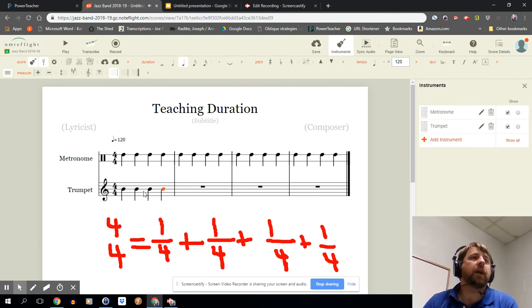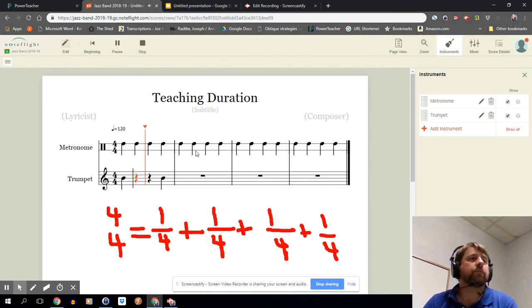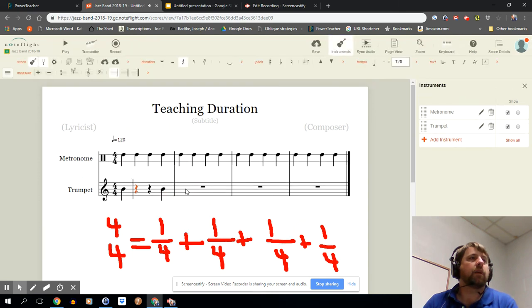All right, so now we can combine them to make rhythm. So what if I take this and I just change them to quarter rests? Okay. Or what if I took the next measure and I made a half note and a half note, and then a quarter, and a quarter.